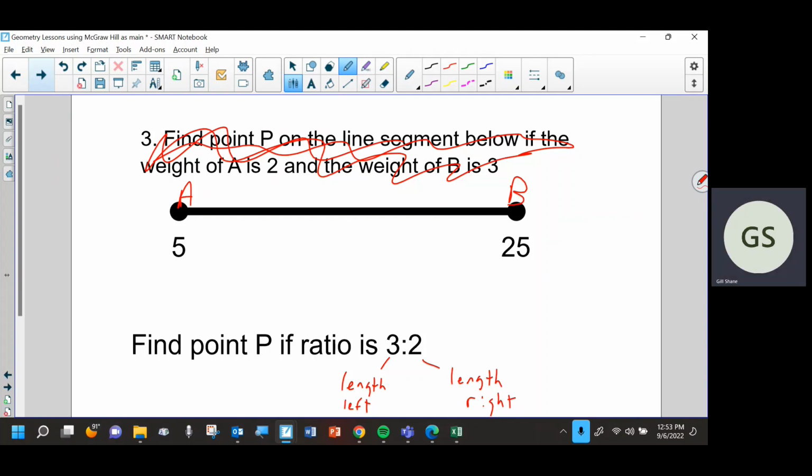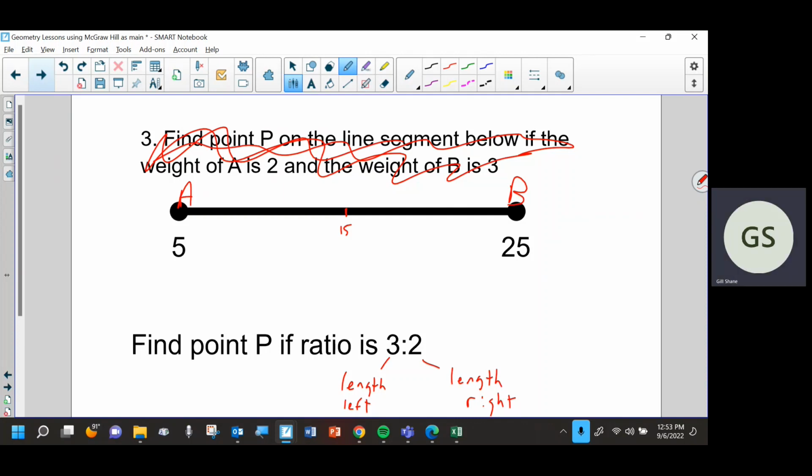So I gave you a ratio, right? But that tells you where the point is going to be. If the midpoint is still 15, is the point we're trying to put on there, point P, going to be to the right of that or to the left of that? Based on the ratio, the left side is going to be the 3, the right side is the 2.